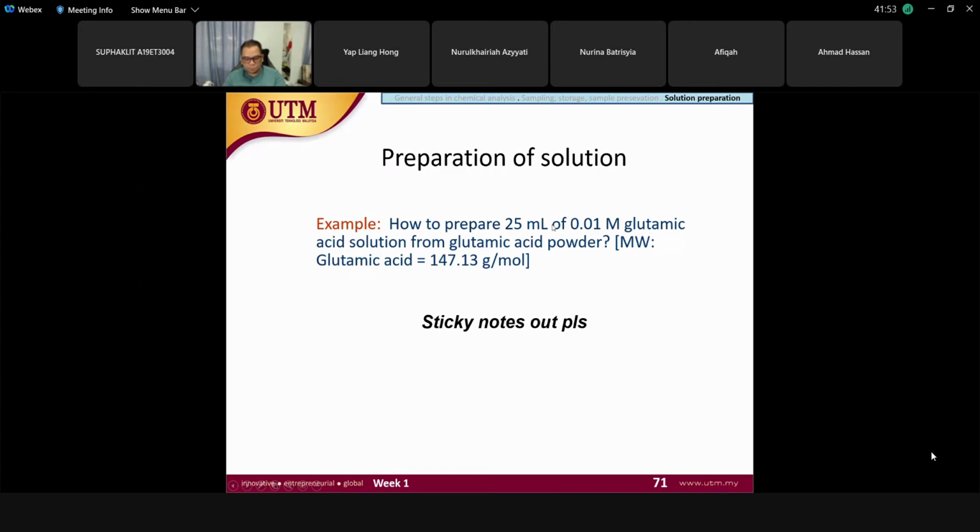Okay, so 0.01 M is in mole per liter. Since we have to prepare 25 milliliter, we take 25 divided by 1000 and times 0.01, and we will times 147.13, which is the molar mass.